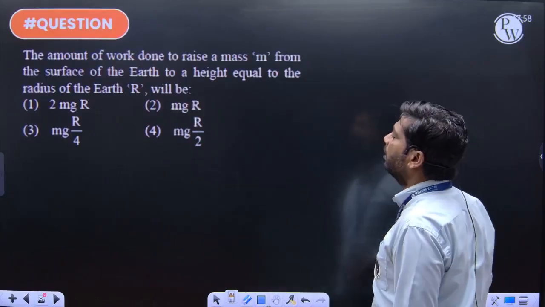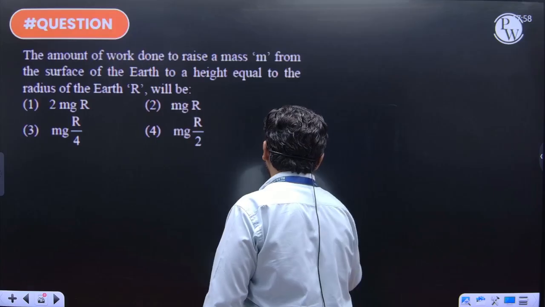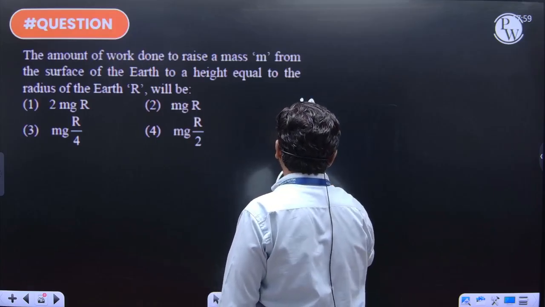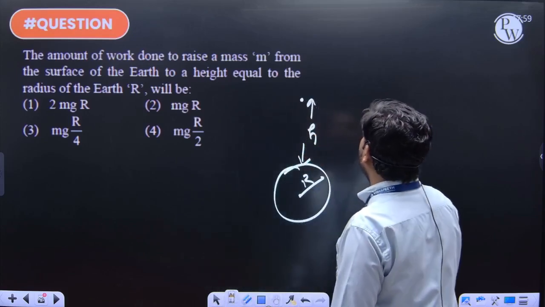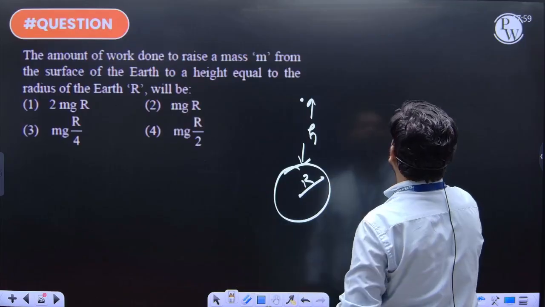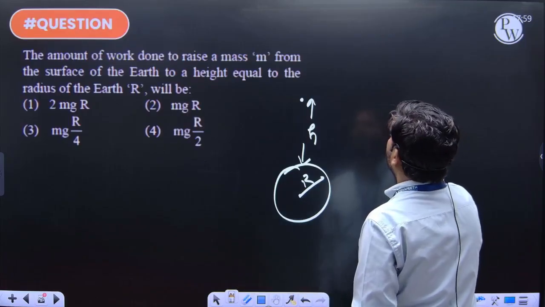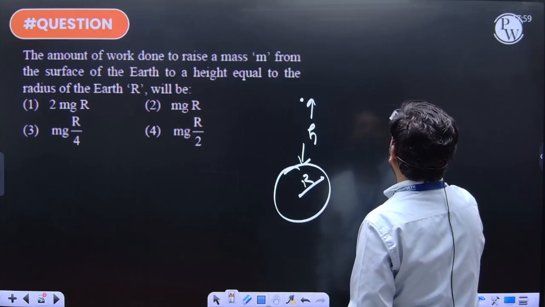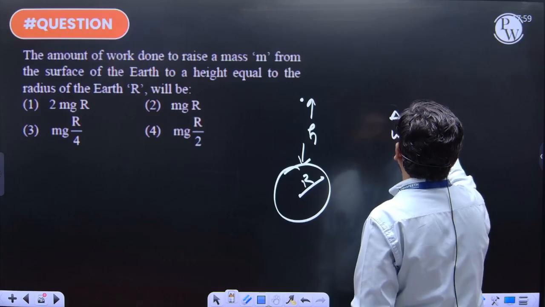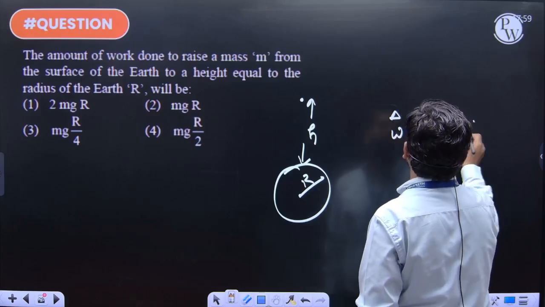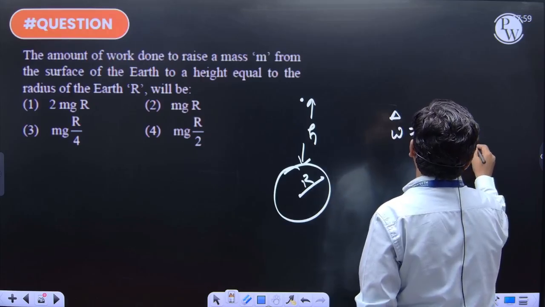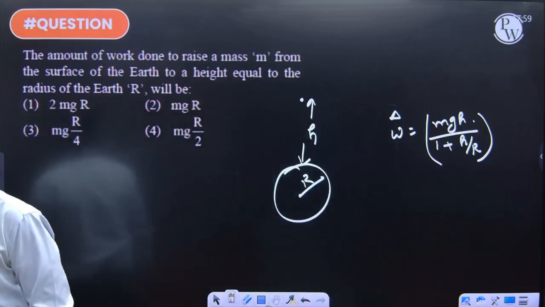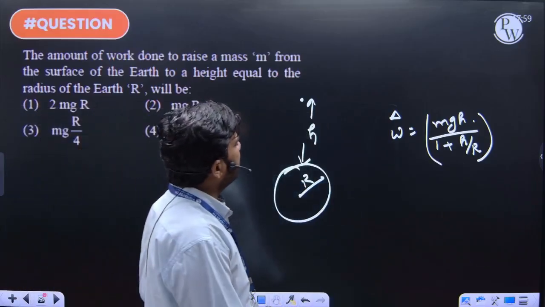Next one, the amount of work done to raise a mass m from the surface of the earth to a height equal to the radius of earth R. If you remember the formula, this is your height h, this is your radius R. There is one simple formula: work done is the change in potential energy, which is given by mgh divided by 1 plus h by R, right?